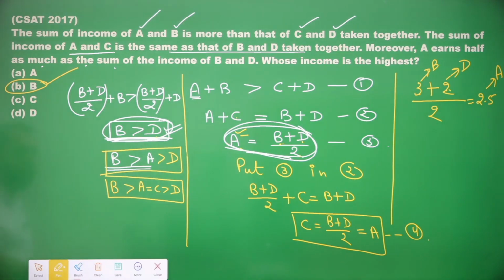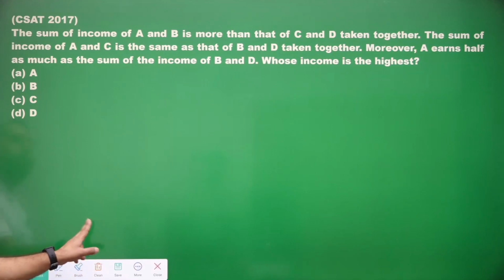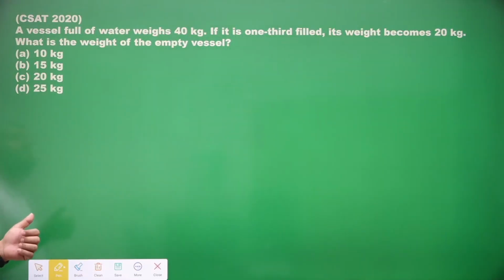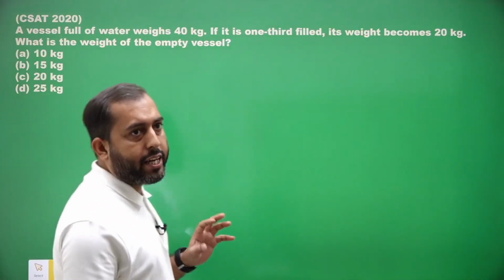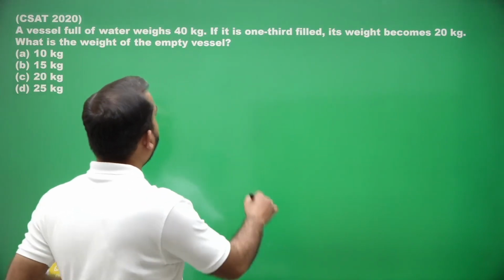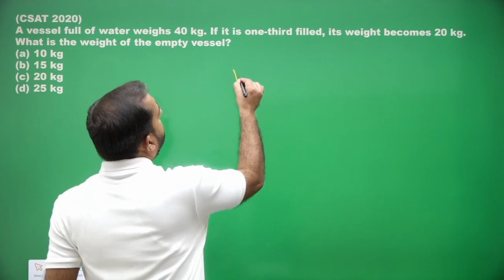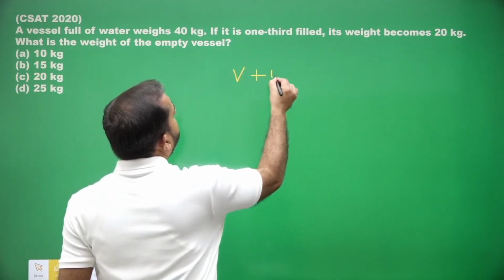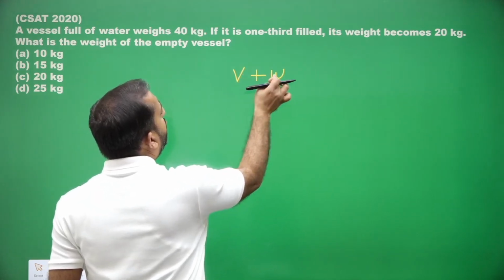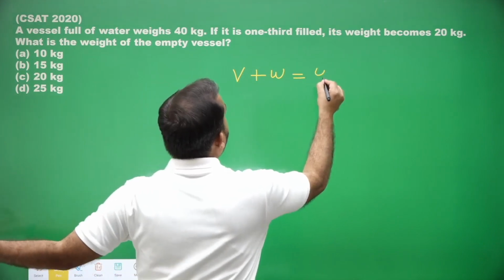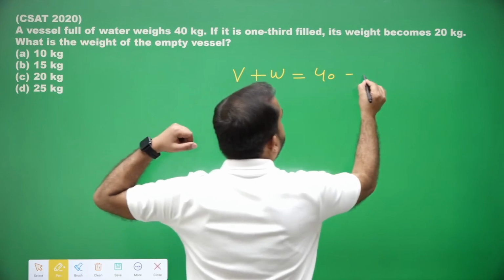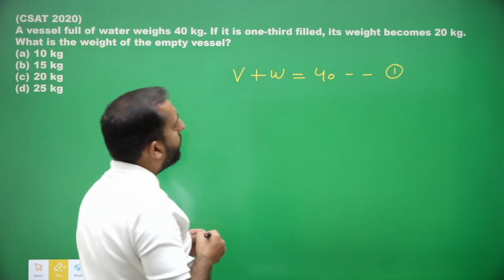Let's move on to the next question. A vessel full of water weighs 40 kg. So let's say the weight of the vessel is V and the weight of water is W. When the vessel is full of water, the total weight is 40 kg. It is given in the statement. Let's say this is equation number 1.